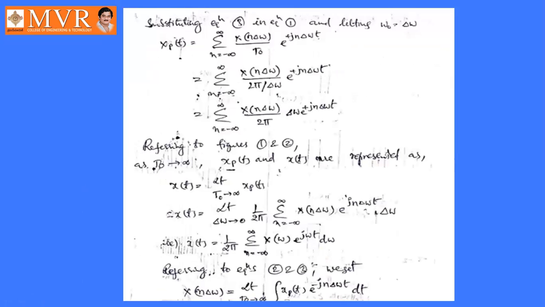Okay, substituting equation 3 in equation number 1 and letting omega naught equal to delta omega, then xp of t is equal to sigma n is minus infinity to infinity x of n delta omega by T naught into e power plus jn delta omega t, or it is equal to sigma x of n delta omega by 2 pi by delta omega, since T naught is replaced by 2 pi by delta omega, into e power plus jn delta omega t, or it is nothing but x of n delta omega by 2 pi into delta omega into e power j n delta omega t.